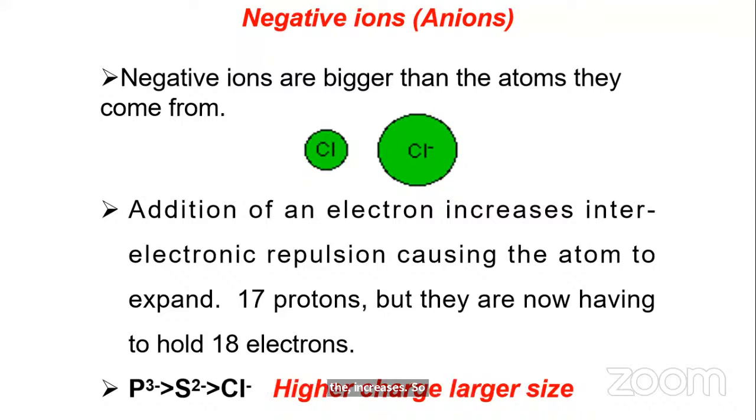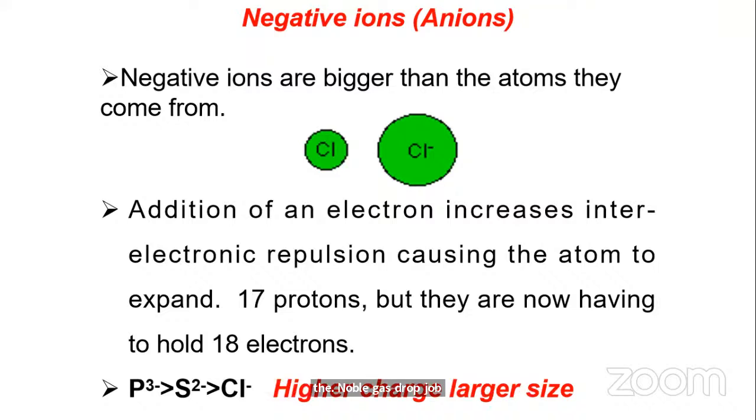So the higher the charge of your anion, the larger the size of the anion. The anions are mainly formed from groups 15 to 17; group 15, 16, and 17 elements are the ones whose atoms readily form anions. The ion of group 15 needs 3 electrons to have the noble gas structure.